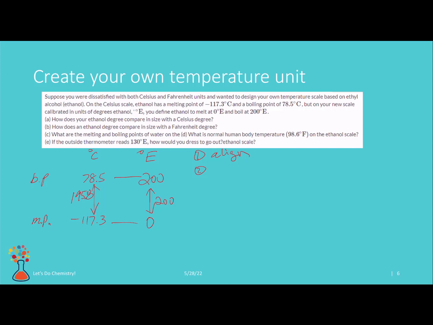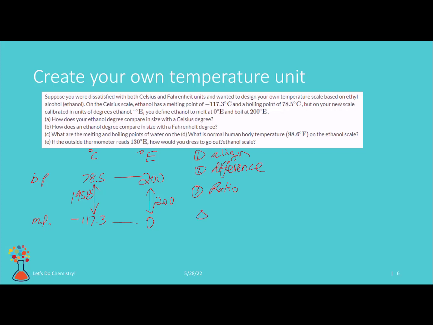Okay, so this is another number. So did you remember? So the difference. Find the difference. The third is relationship or ratio. What is the ratio?